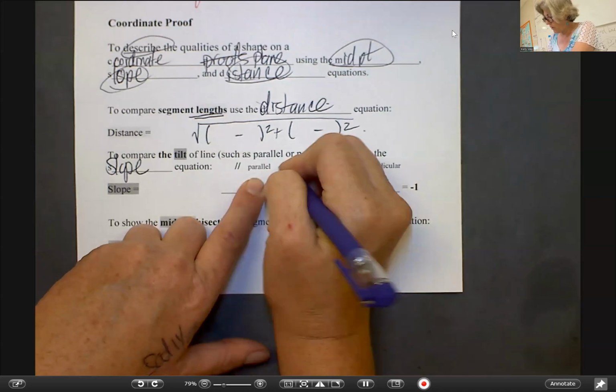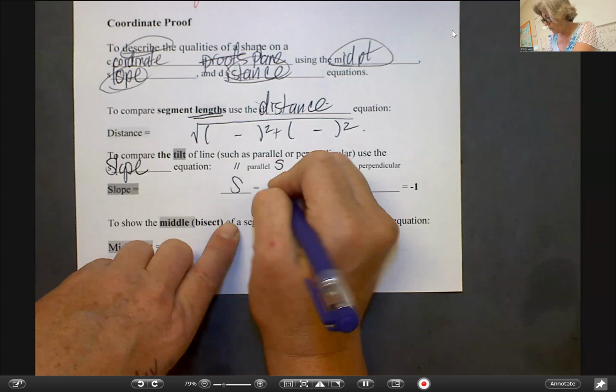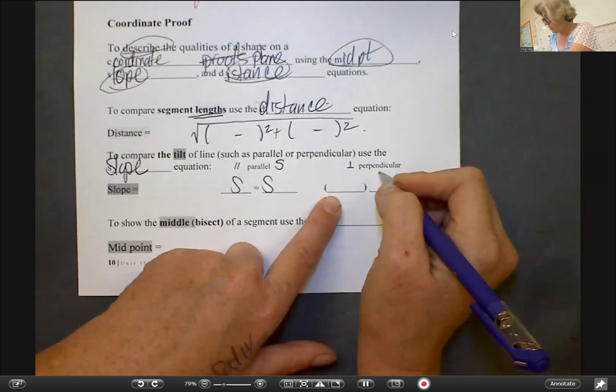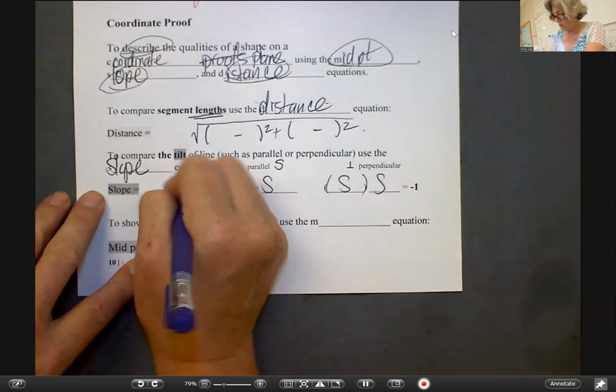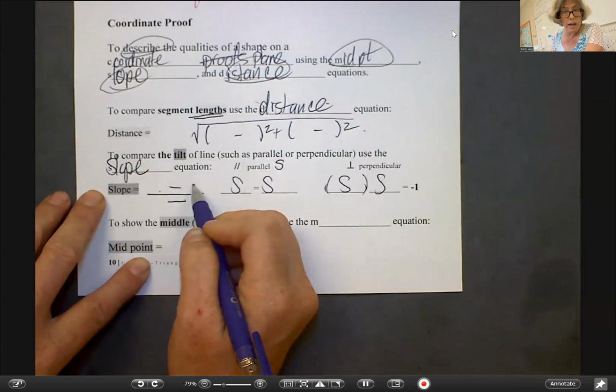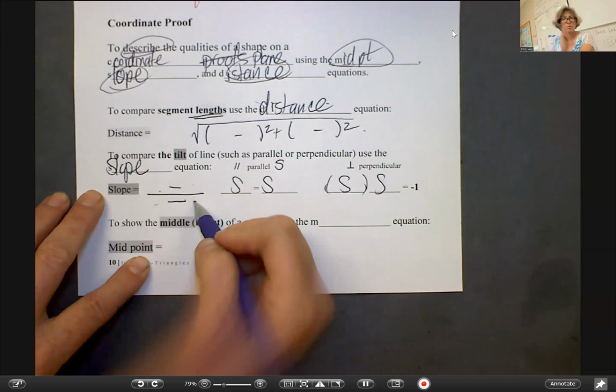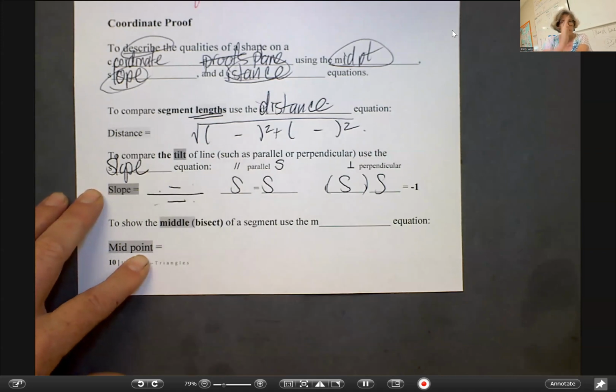Remember, for parallel, that's going to be slope equals slope, perpendicular slope times slope equals -1. The slope equation, y minus y over x minus x. Rise over run. Rise, subtract the y's. Run, subtract the x's.